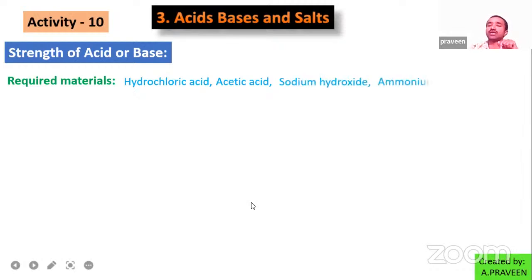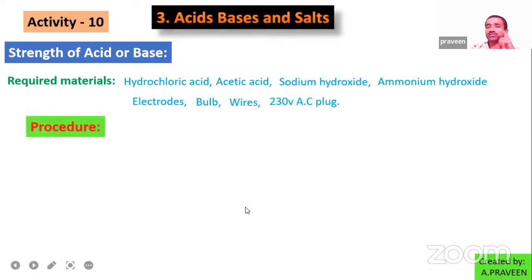One is sodium hydroxide and the other is ammonium hydroxide. 2 acids, 2 bases. With that, you require electrodes. As you conducted in the 7th activity, the same process we are following here in activity 10. So electrodes, bulb, connecting wires, 230 volt AC source, plug.